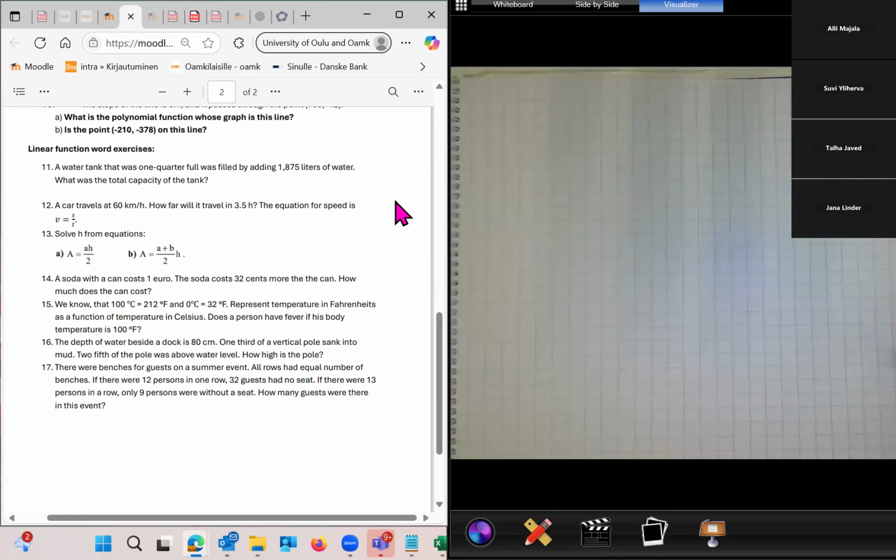Yeah. I think this is not maybe the correct expression, is it? Water tank was and was filled. Maybe there it is lacking one word. Yeah, no, makes sense. Okay.